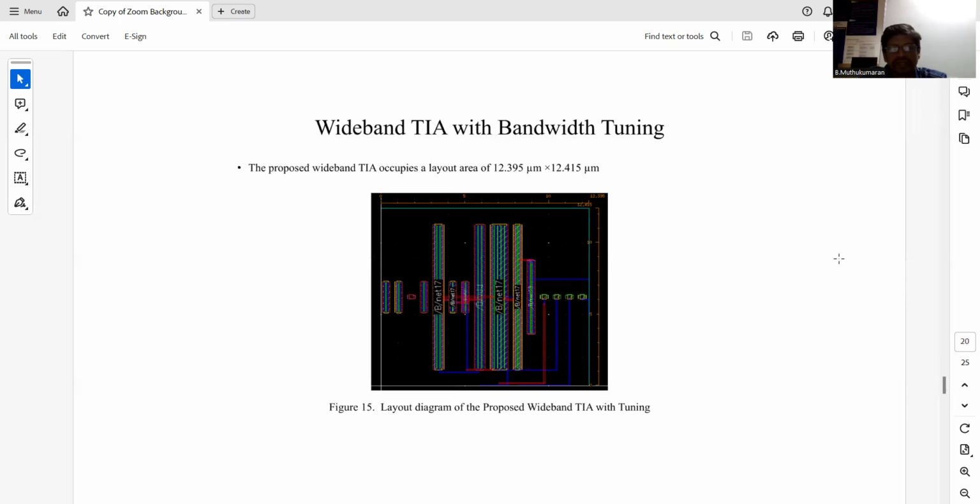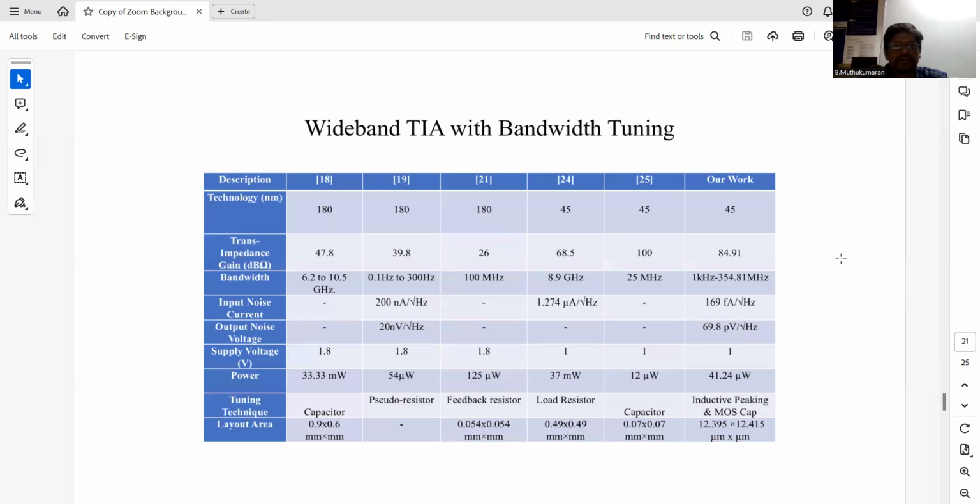So this is a typical layout of the proposed wideband TAA, which occupies an area of 12.395 micrometer by 12.415 micrometer. When you compare with the literature, our work is proposed in 45 nanometer technology.